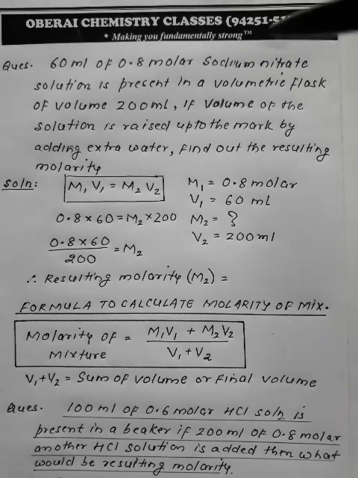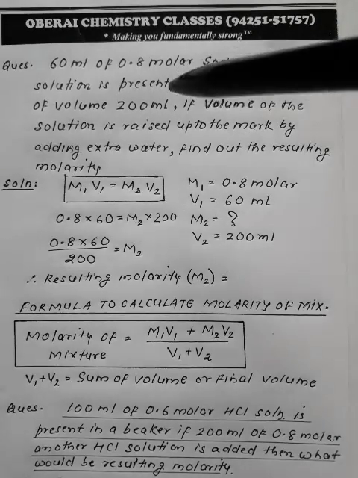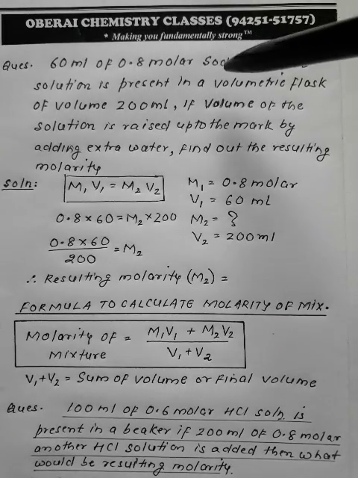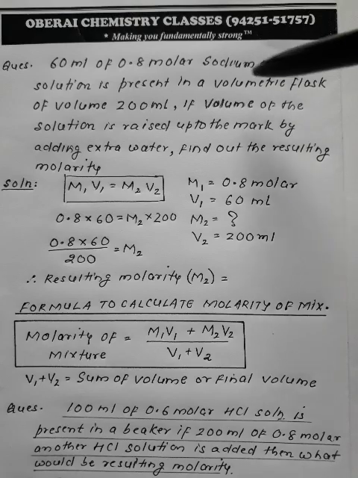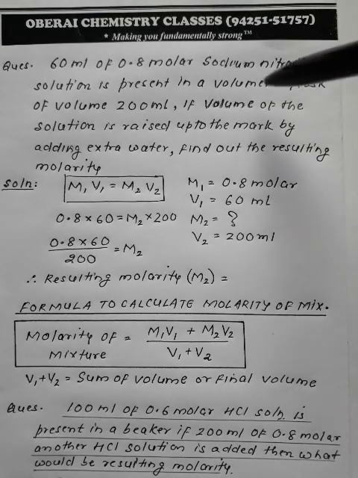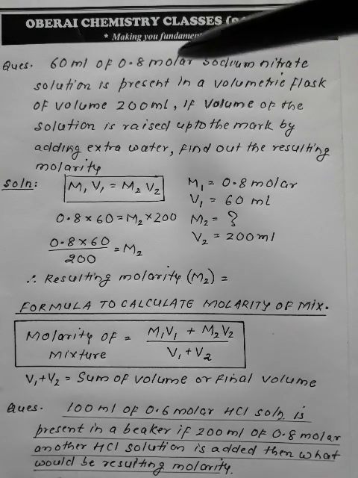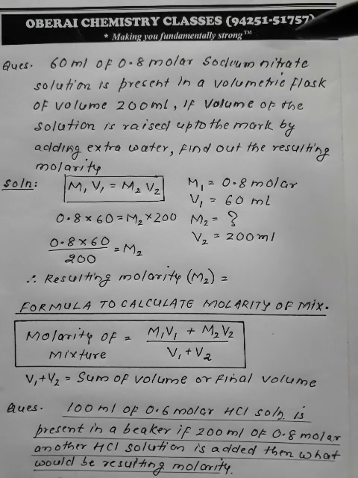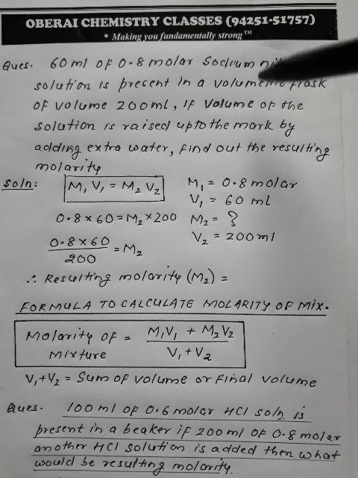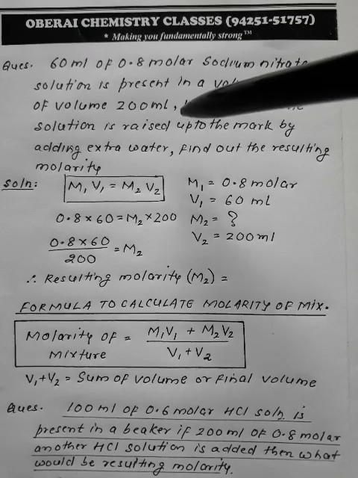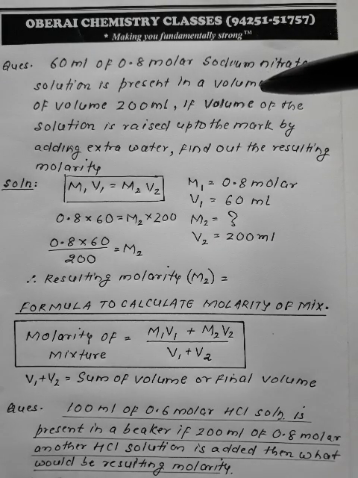The question goes: 60 ml of 0.8 molar sodium nitrate solution is present in a volumetric flask of volume 200 ml.